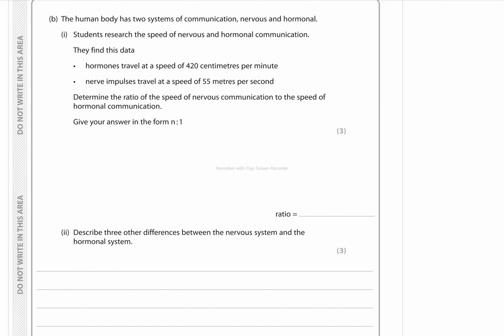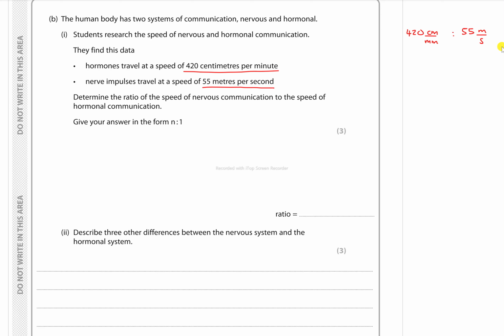Right, we are now on question B. It's a maths question. We're comparing these two parts, yeah? So we're comparing 420 centimeters per minute versus 55 meters per second.